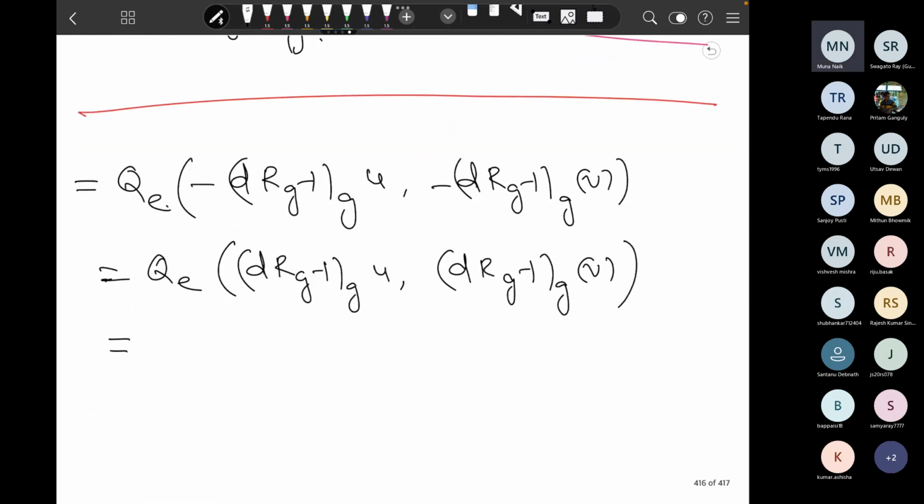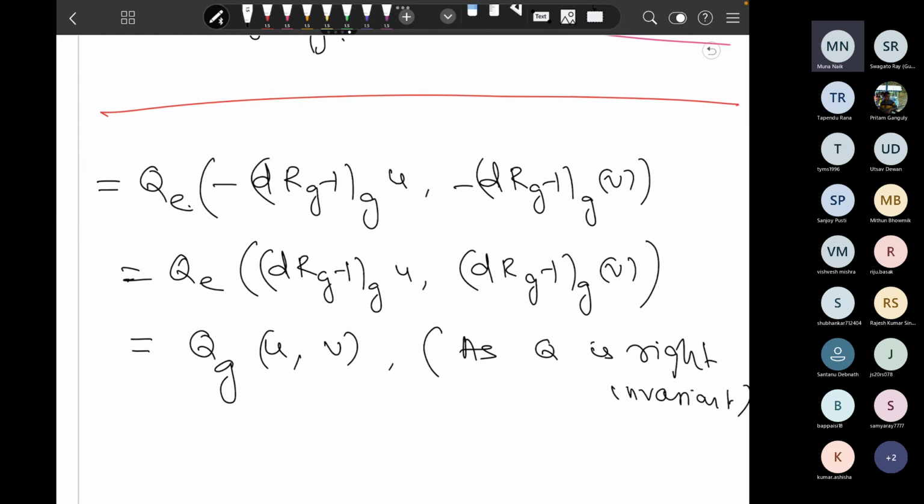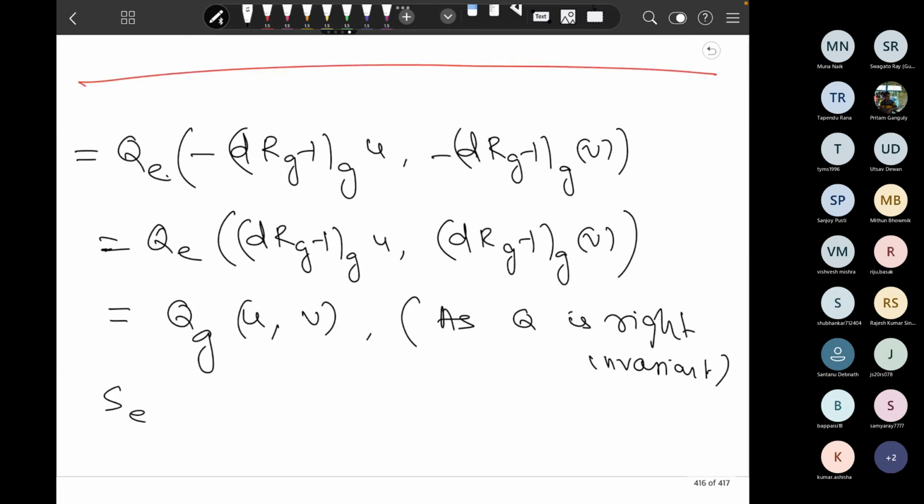You use this thing that this metric is right invariant, so this is really Q_g(u, v). As Q is right invariant, that means this says that S_e belongs to I(G).